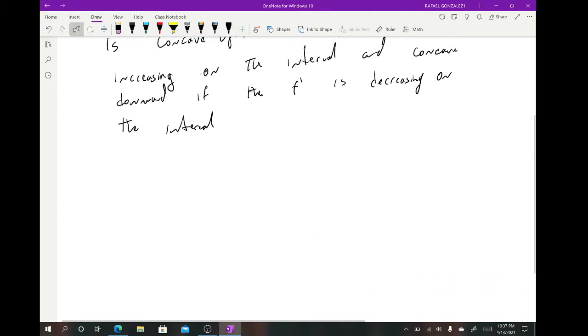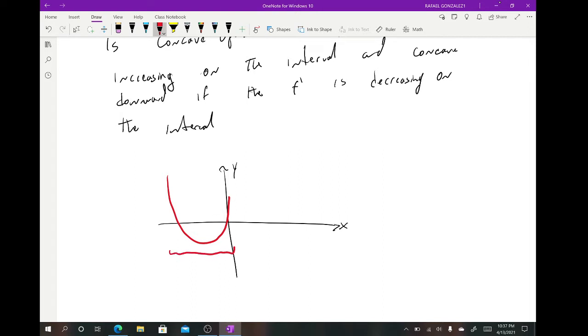Okay, so let me actually draw you a picture so you have an idea of what's going on. So let's say we have a parabola. Let's say it looks like this, right? This parabola from this interval to this interval is concave up.